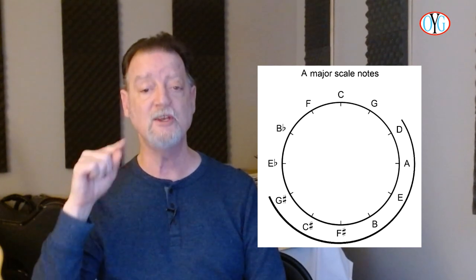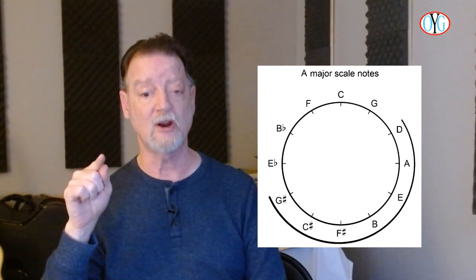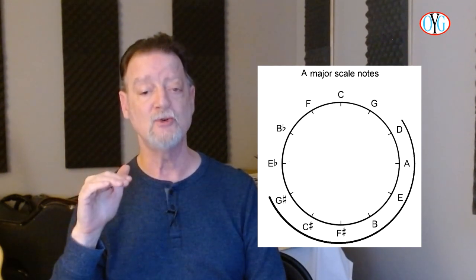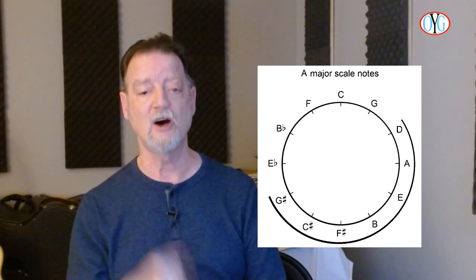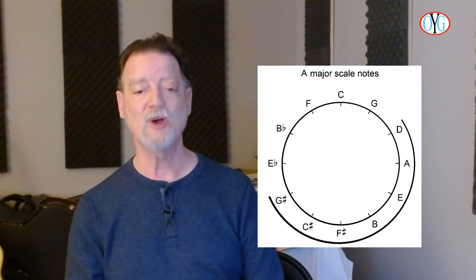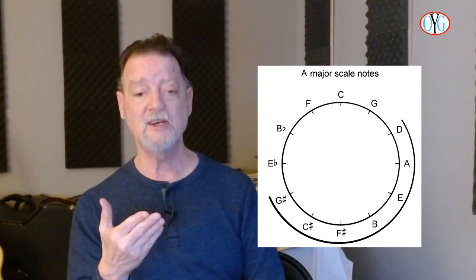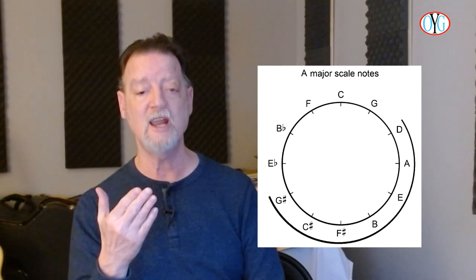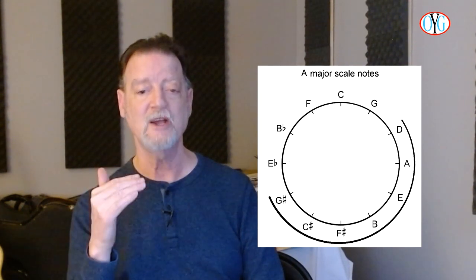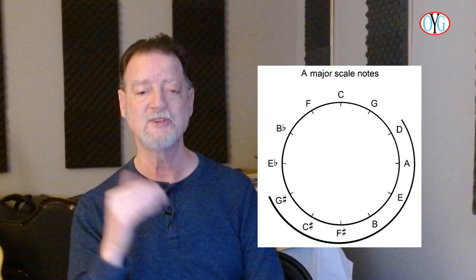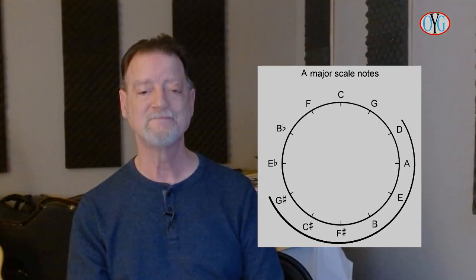And G sharp is the new 3rd sharp that we've added to this key to make it A major, as you saw just previously, right? So pause, study this, begin to get it in your memory. The process is straightforward and not difficult at all.